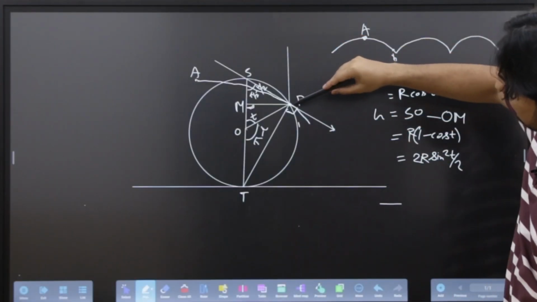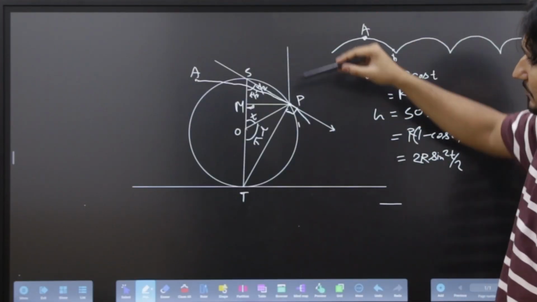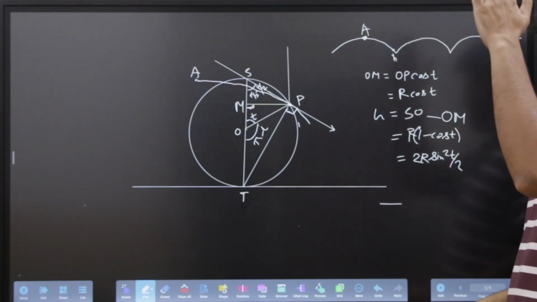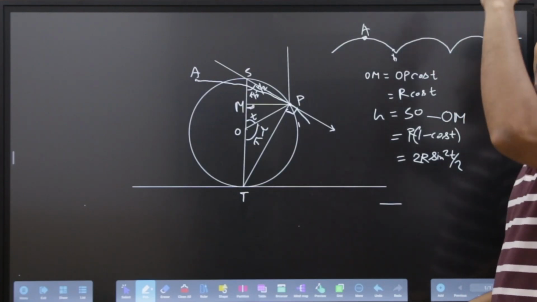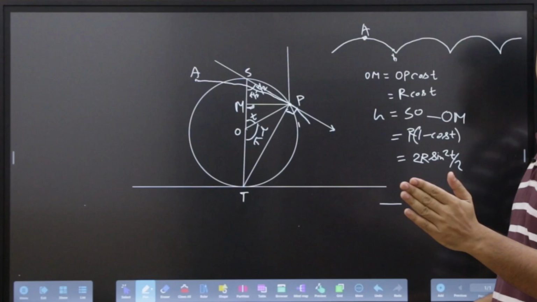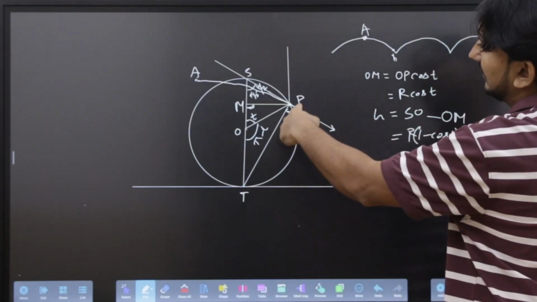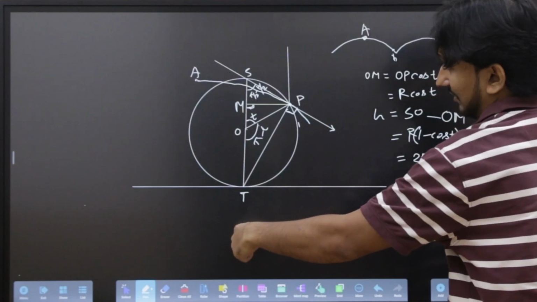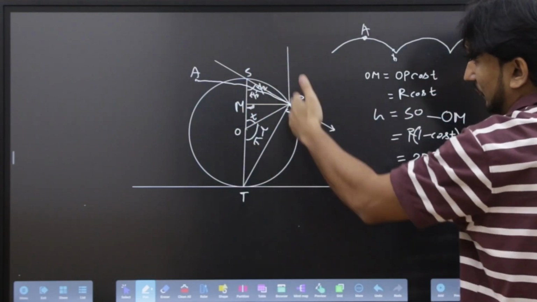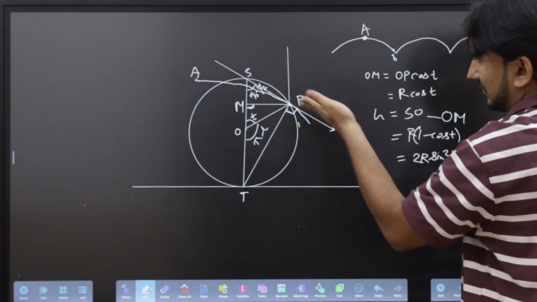Now, what is this line I have drawn here? It is basically the vertical, because remember, the condition was about the angle the curve is making with the vertical. The vertical is clearly parallel to the diameter. So you have two parallel lines and a transversal.